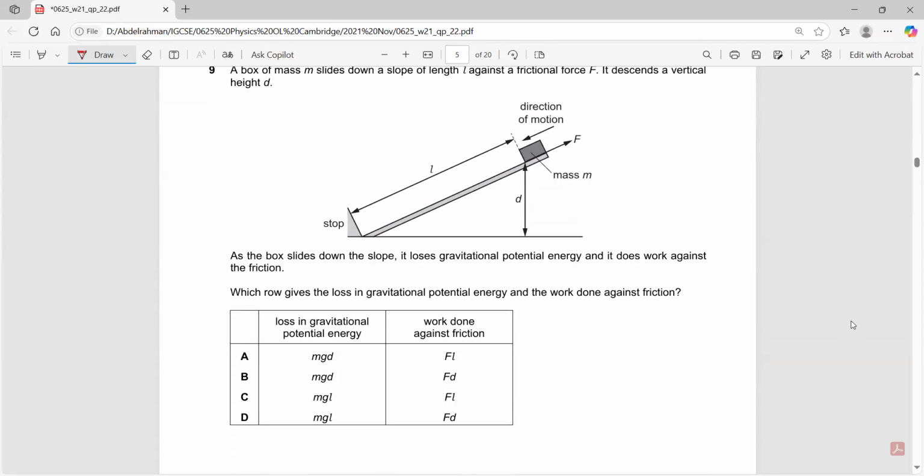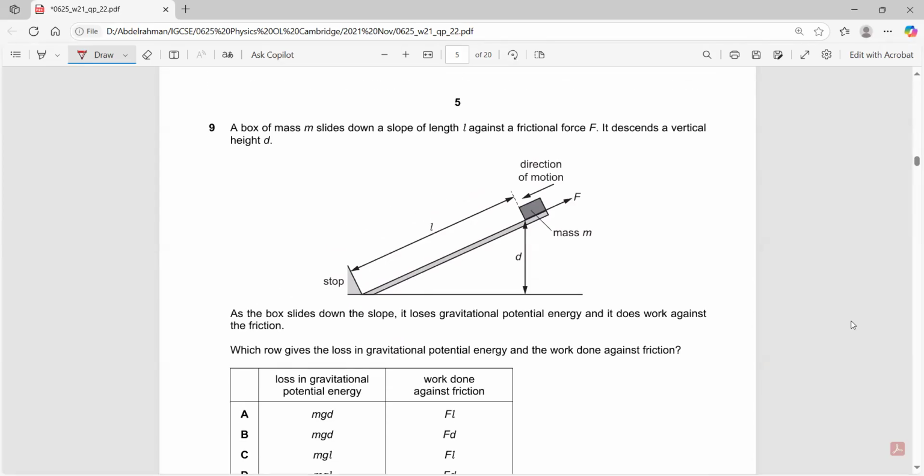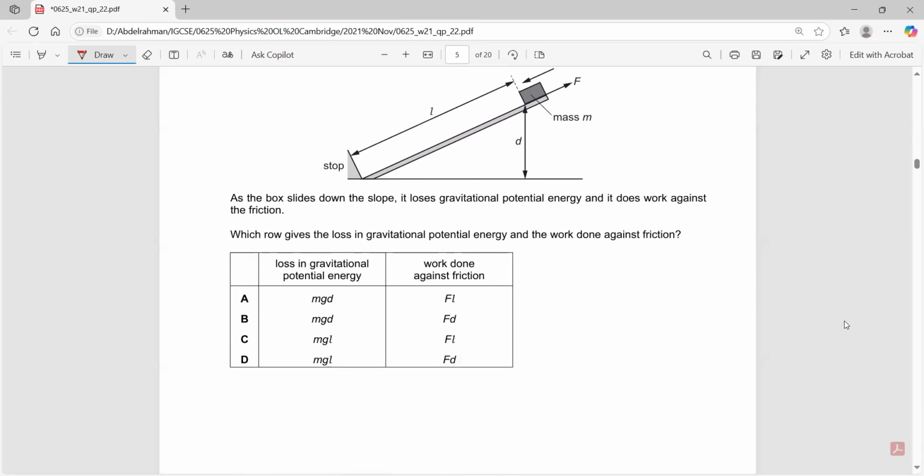A box of mass m slides down a slope against a frictional force F. It descends a vertical height d. Which row gives the loss in gravitational potential energy and the work done against friction?